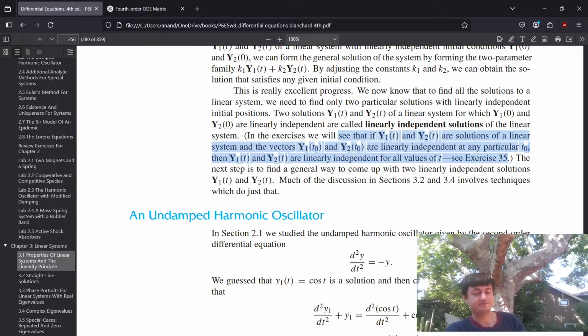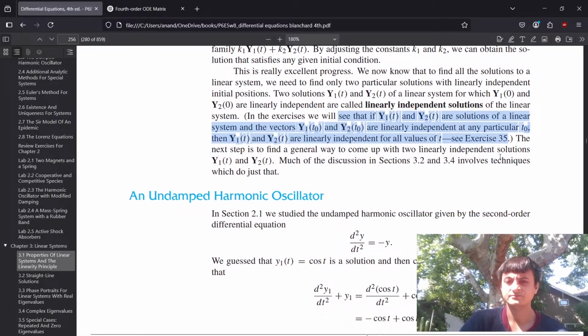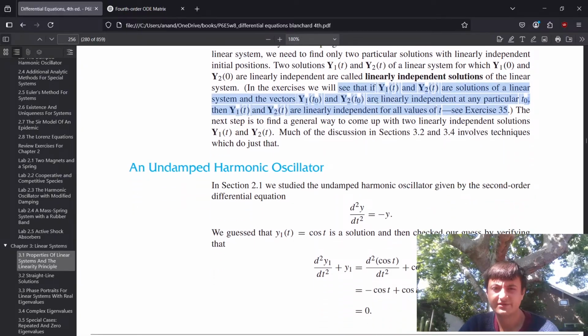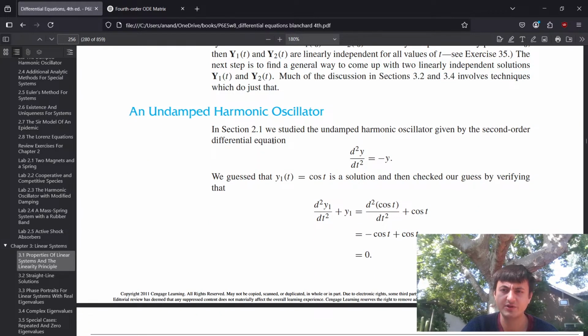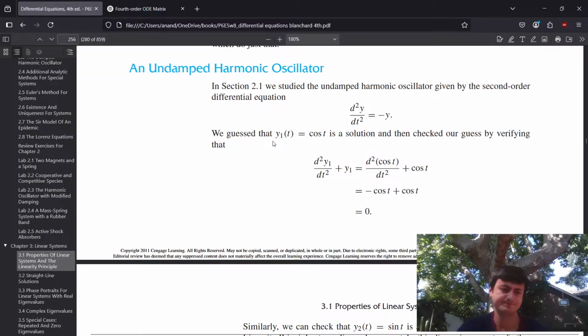Well, that's interesting. I feel like that's actually kind of obvious, but that's pretty cool. The next step is to find a general way to come up with two linearly independent solutions. Okay, so sections 3.2 and 3.4 show how to do that.